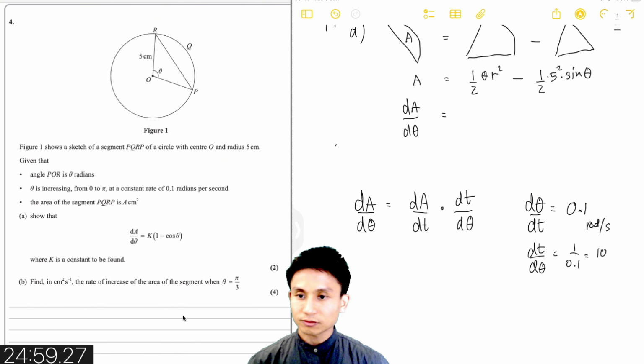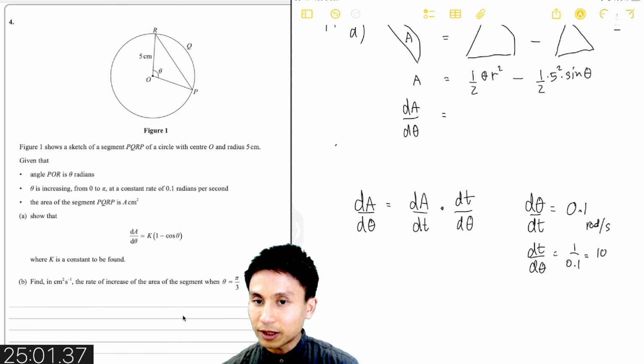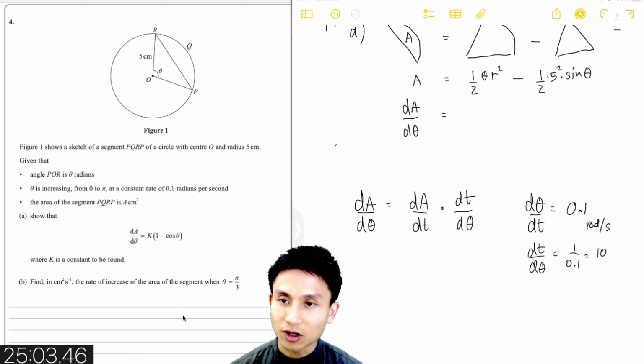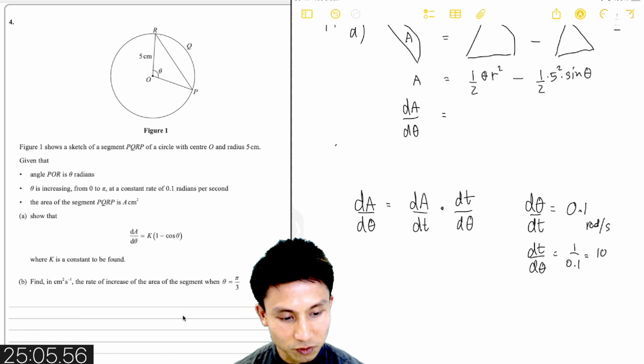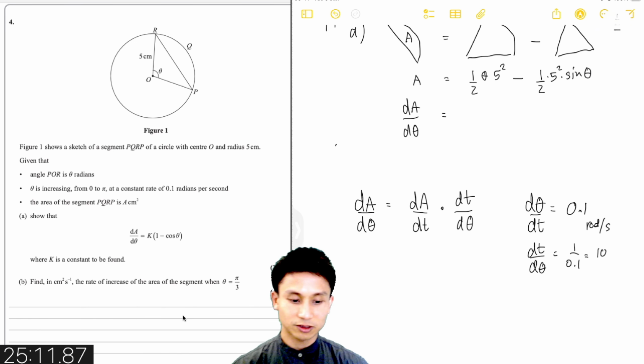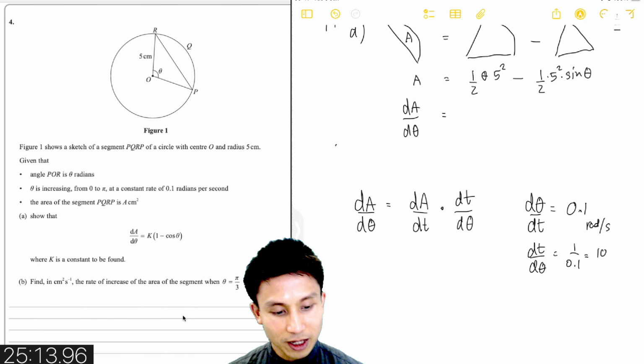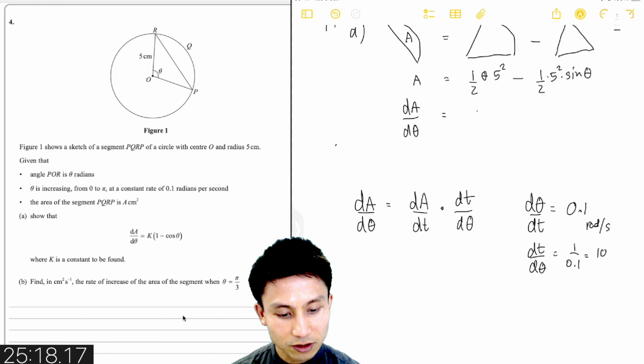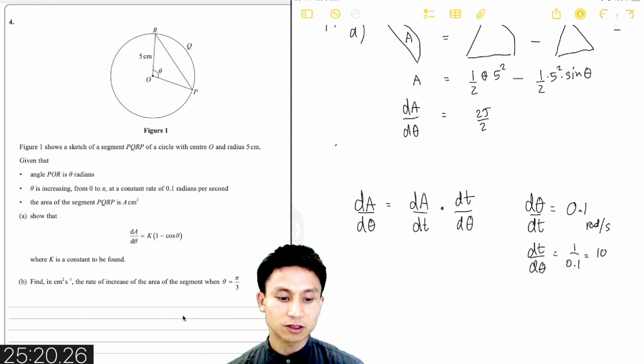But be careful, r is a constant. R is 5. I forgot to just put this as 5. I thought r varies. So this is 5 squared as well, r squared. So if we differentiate the first term, we get 25/2. The theta just goes away.